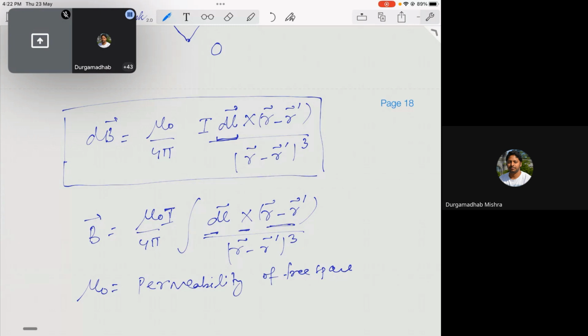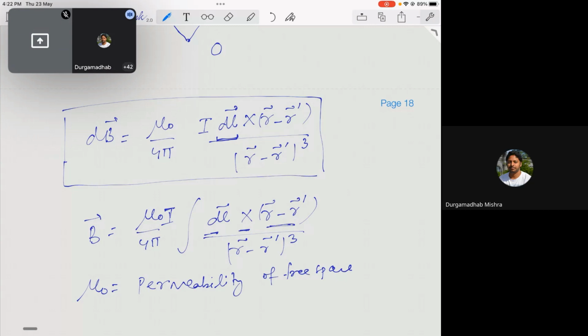You can use this formula for a given length. There are some examples given in the book, so you can try those. This is one way of calculating the magnetic field due to a current-carrying wire.